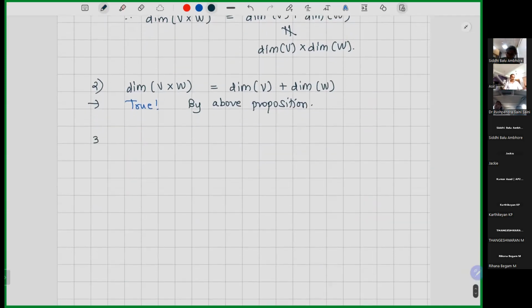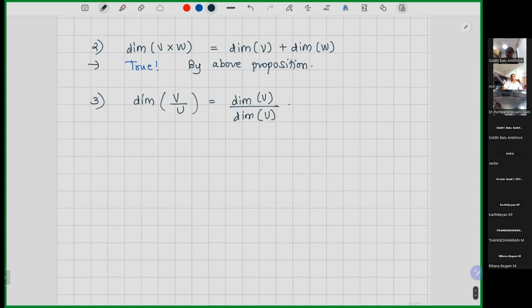Okay, we'll move to the next question now: dimension of V by U is dimension of V by dimension of U. Any guesses here, whether this is true, false, or what this is?